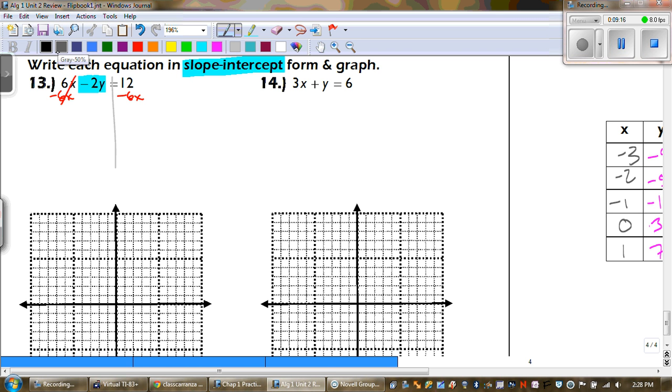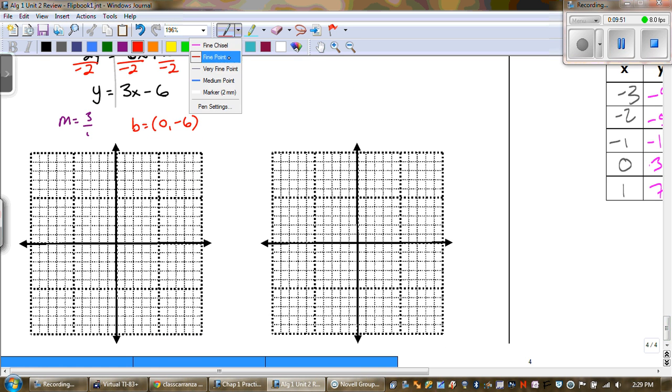And you get negative 2y equals negative 6x plus 12. Do not forget about your negatives, okay? And to get that y all by itself, we have to divide by -2. And we're left with y equals 3x minus 6, okay? And now the same as before, I want to know what my slope is, which is 3 over 1, and the b is 0, -6, okay?